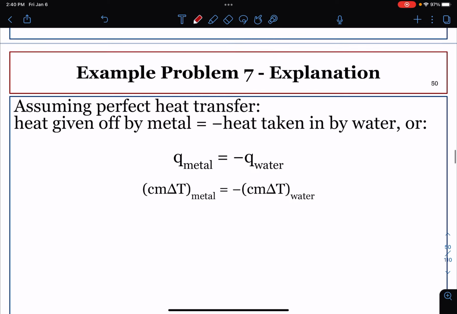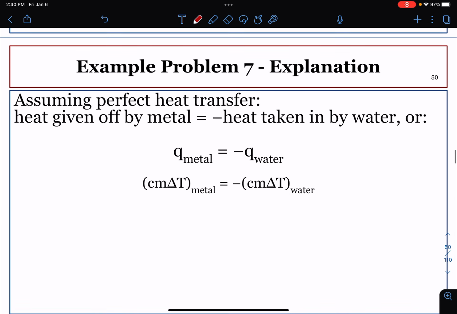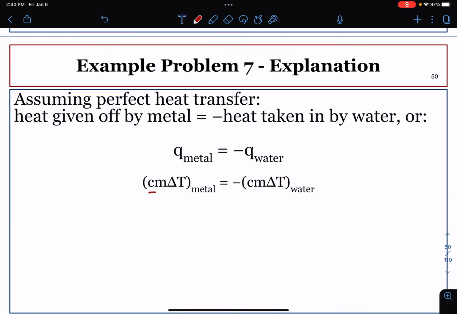So the problem is asking us to determine the specific heat of the metal. Specific heat is C in the equation, so the C of the metal is what we're trying to solve for.